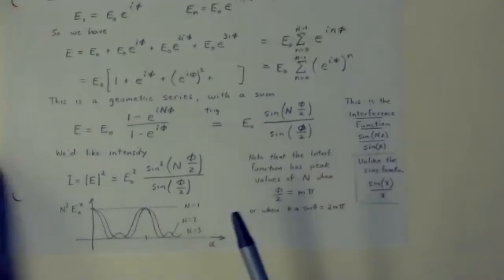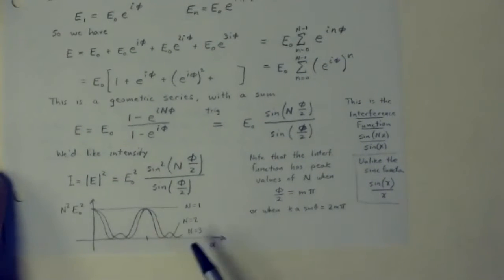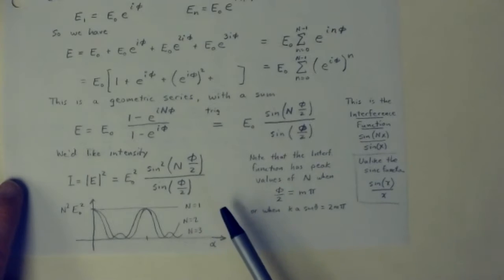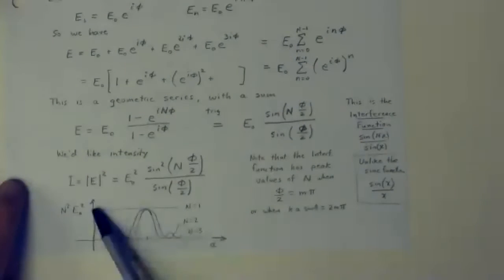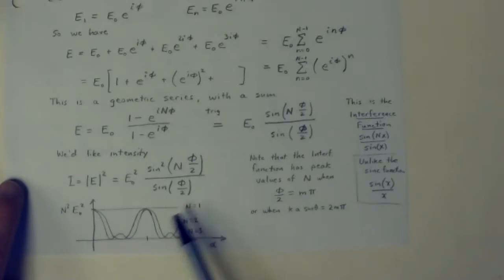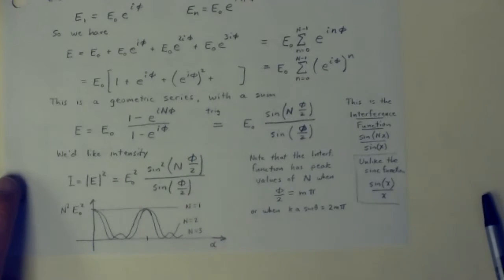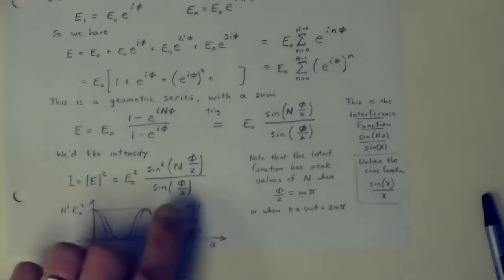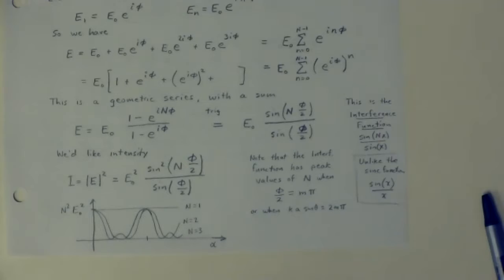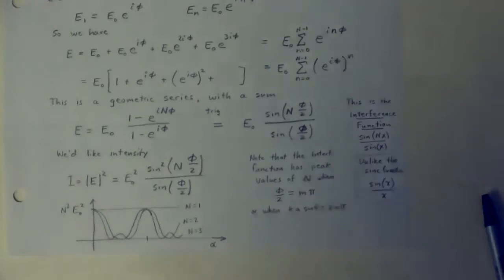Here's a graph to show you what this thing looks like for a few different values of n. If n is just 1, then it's just a straight line. That would just be sine of something over the same something. I see I'm missing a squared in the denominator down here. Where's my pencil?